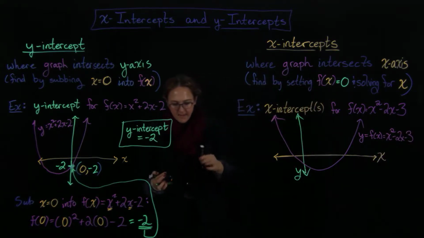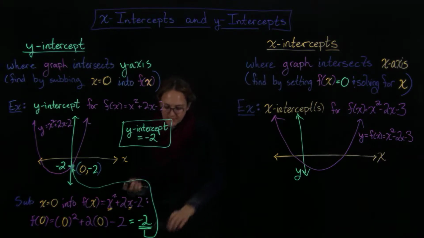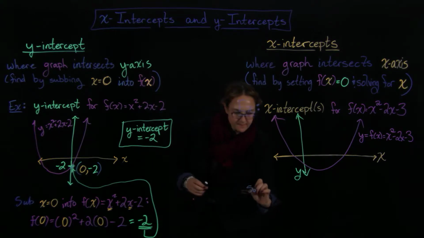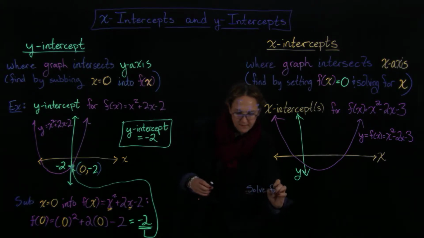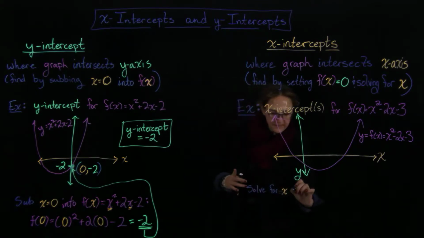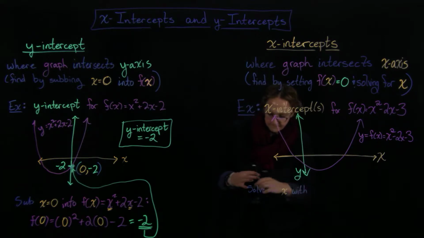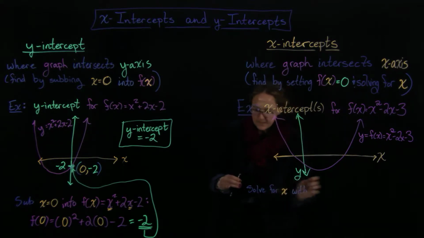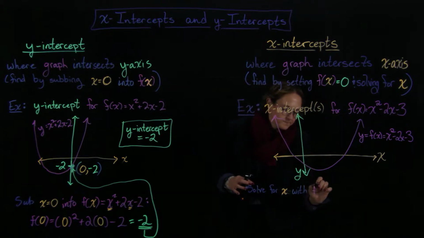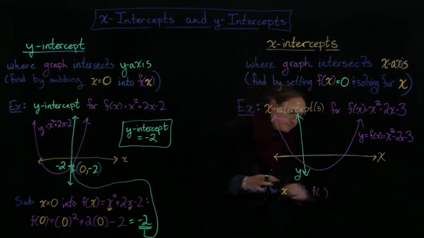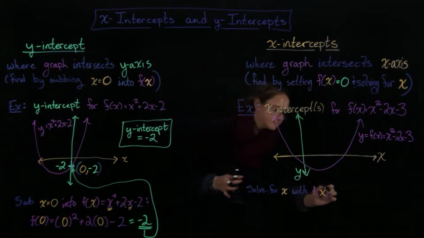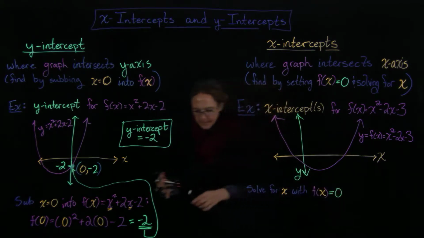So what do we need to do now? We need to solve for x, where f of x equals 0, by factoring.